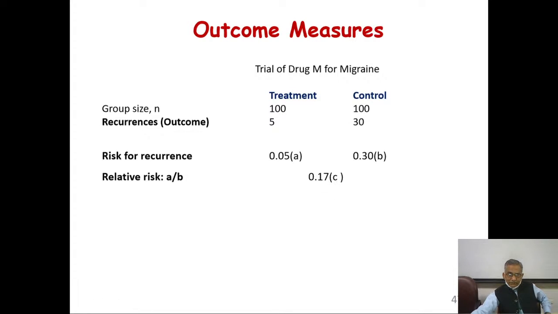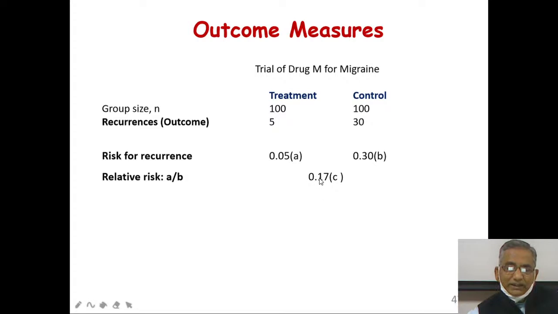So for a patient who is in the control arm, if his chances of recurrence are 100, then by giving treatment you are taking away 80% of the chances of recurrence. That is what 0.17 is. This is known as relative risk or risk ratio, or the ratio of two risks. So that is one measure that is calculated for a clinical trial.